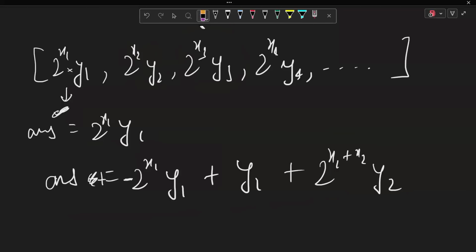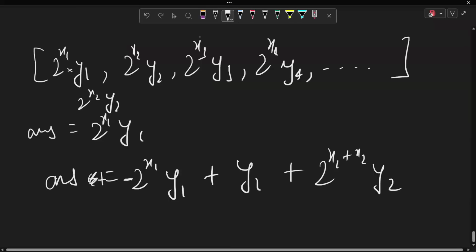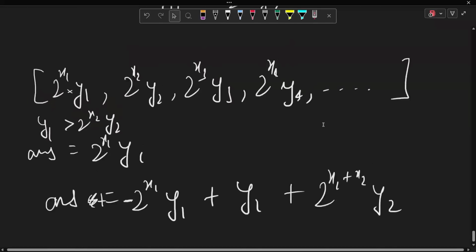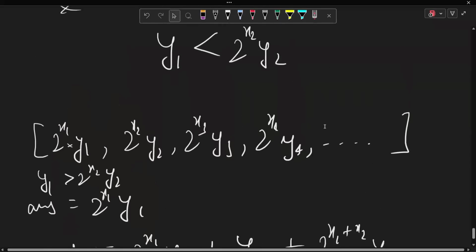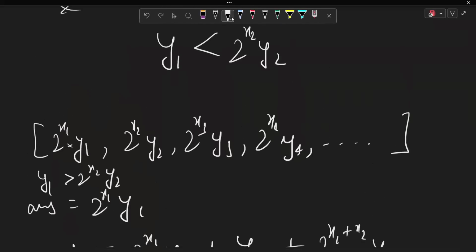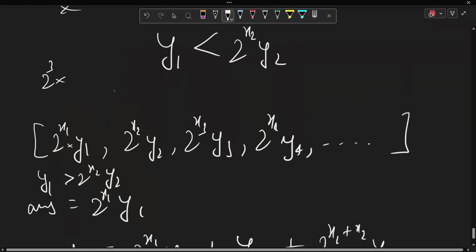Let's say here the case was that 2 to the power x2 y2 was less than y1, so y1 was greater than this. From the test case, you can understand that here you had, let's say, 2 to the power 3 into 7.